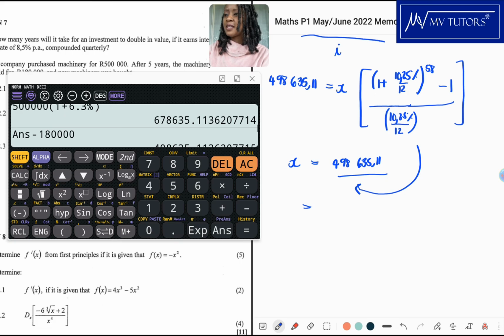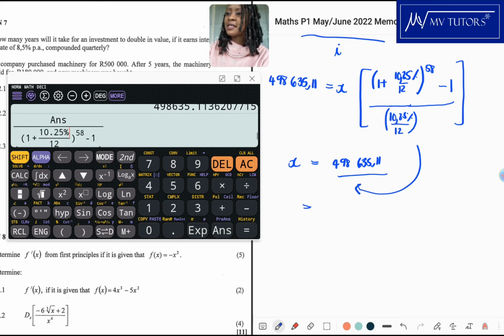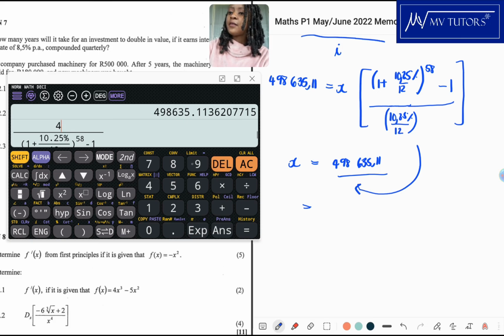So it's 678. Let me try to put it in manually. 678. No, 498. 498, 635, 11, 36, 20, 77, 15.